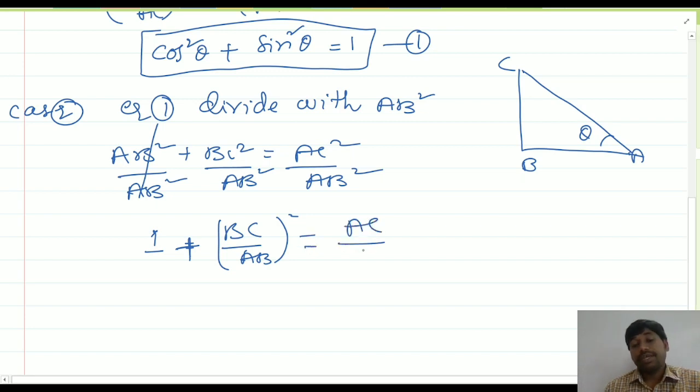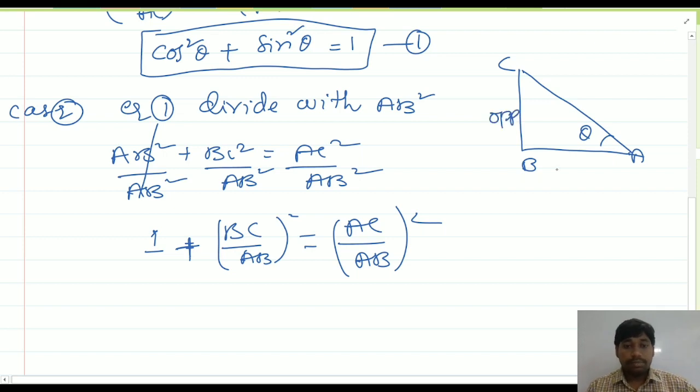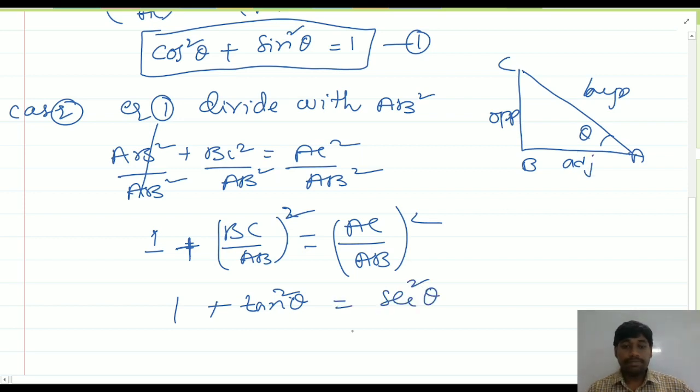BC is opposite, AB is adjacent, so it becomes tan square theta. So tan square theta plus 1 is equal to AC hypotenuse by AB adjacent, which is nothing but secant square theta.